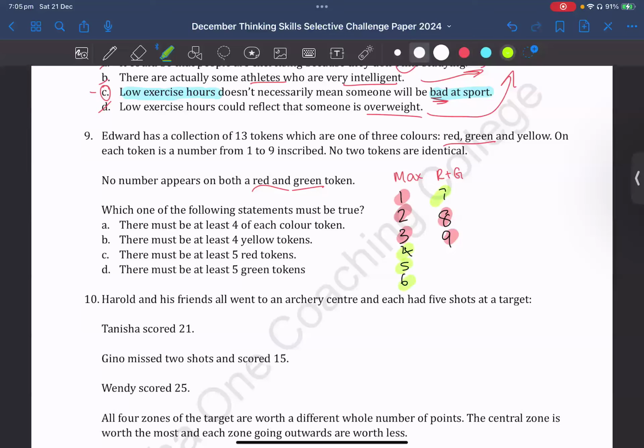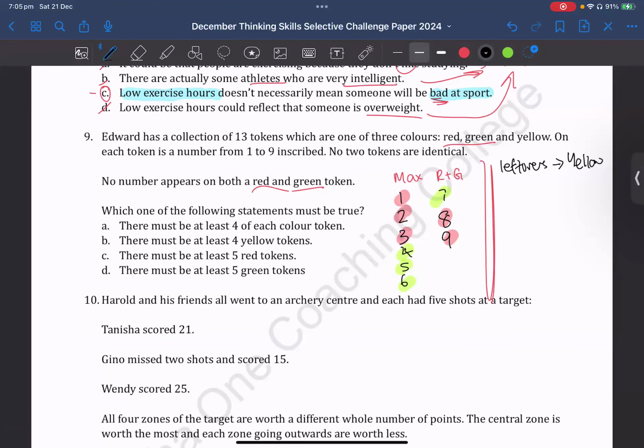So we could have a little split like this, or it could be something completely different. Doesn't actually matter. Now, the reason why I'm saying this is, this is the maximum we can have for a red and a green. And then that means that our leftovers is all going towards the yellow here. So that means that the maximum can be 9 here, which means the leftovers is going to be at least 4 if we max out the red and the green.